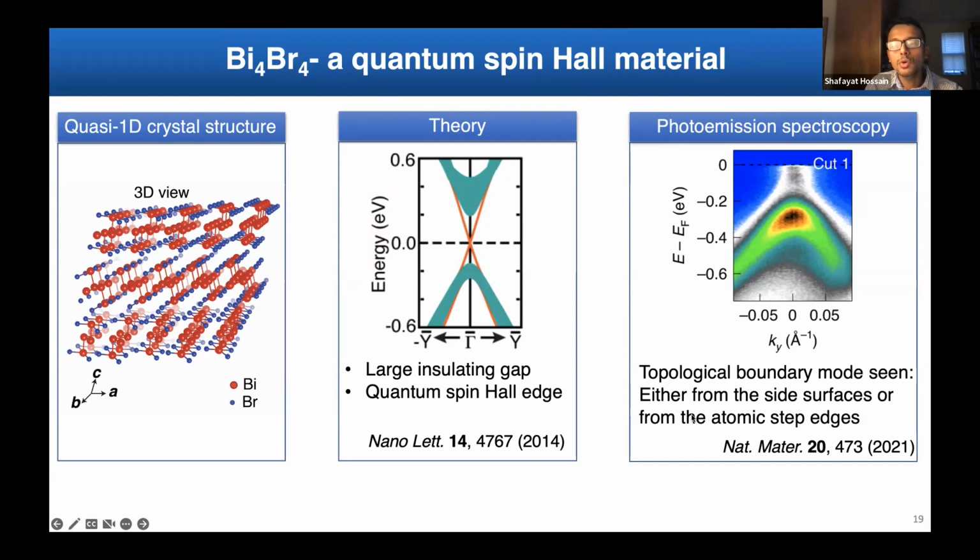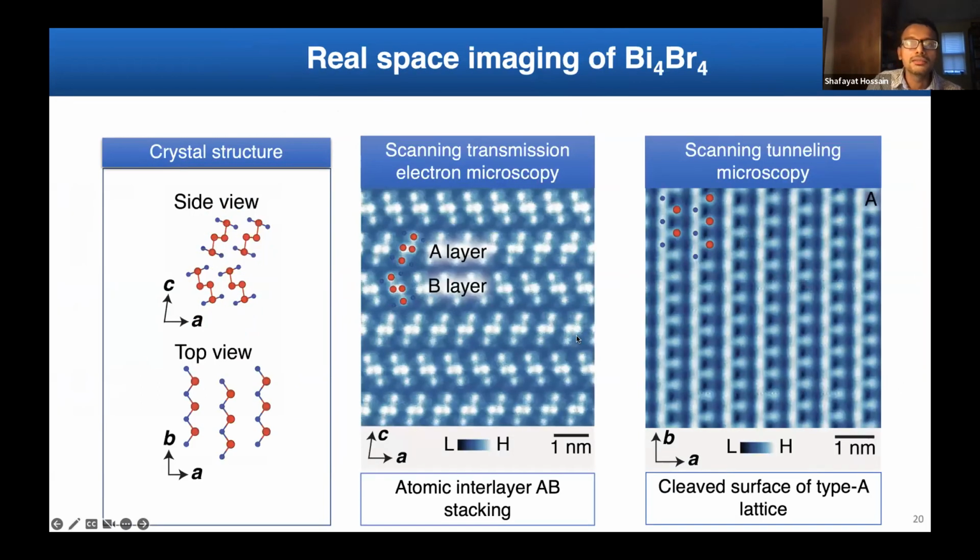Towards that motivation, we started real space imaging of bismuth bromide. First, we look at transmission electron microscopy data. Looking at the cross-section, we see AB stacking, interlayer AB stacking.